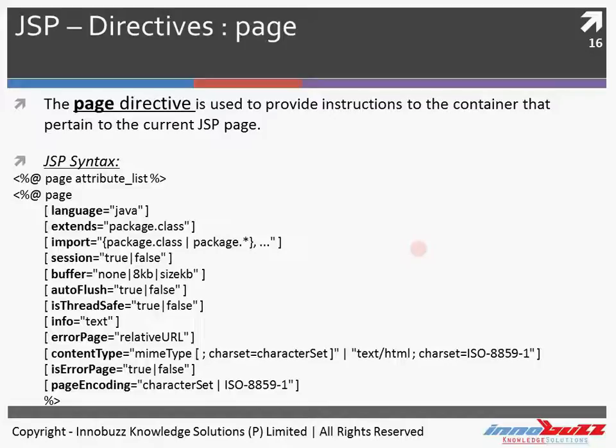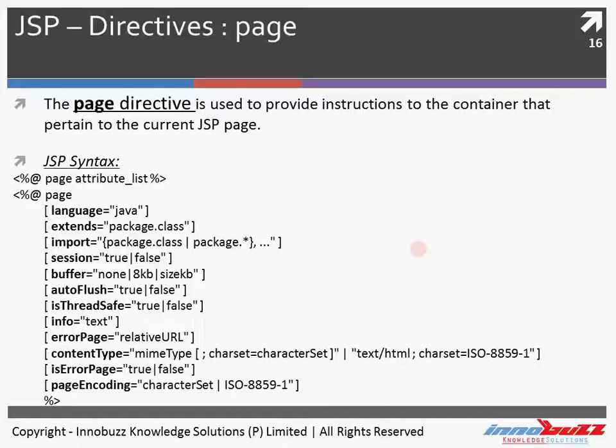And next is extends. This is used whenever the qualified name of the superclass of the Java class is needed within the JSP page. If any Java class or Java bean is used in JSP extending a superclass, then we specify that package and class within this extends attribute.